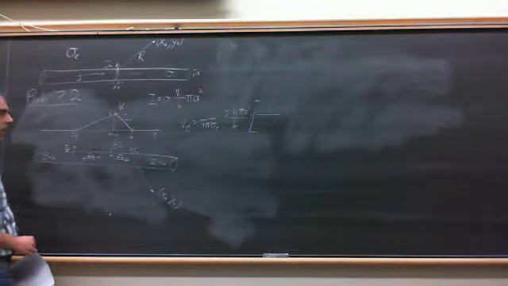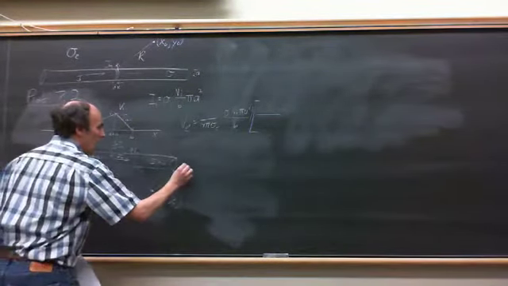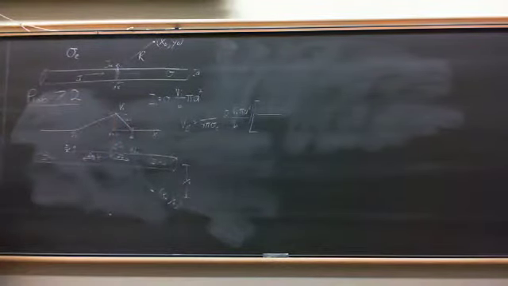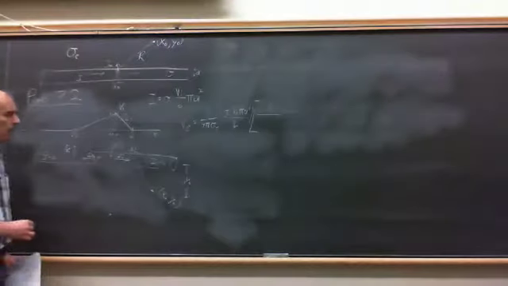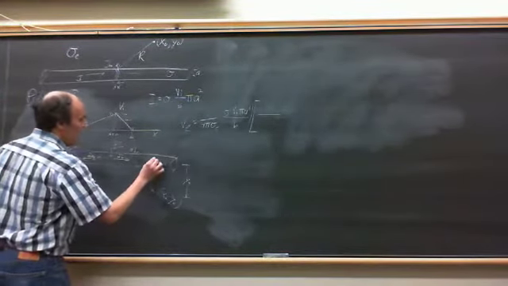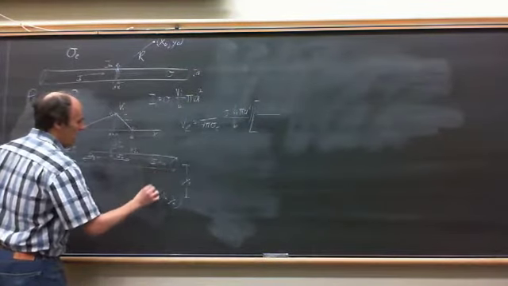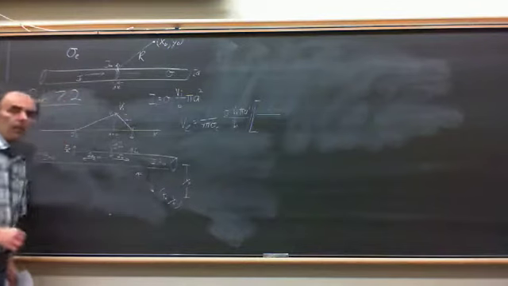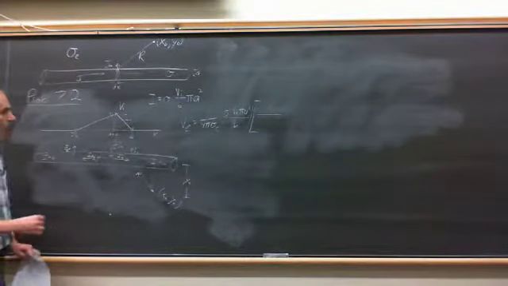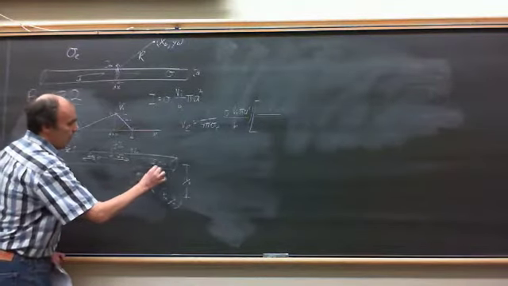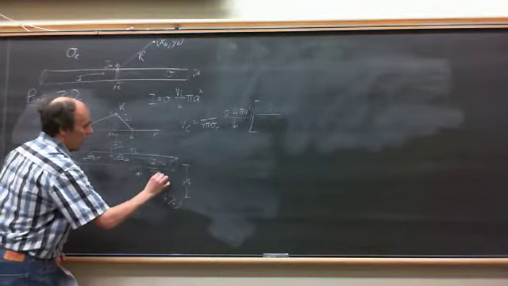Well, y is the direction perpendicular to the axon. What we really need is to know this distance, to make this little triangle, because we're trying to calculate r. And x here is x equals b, and x here is x equals x naught.